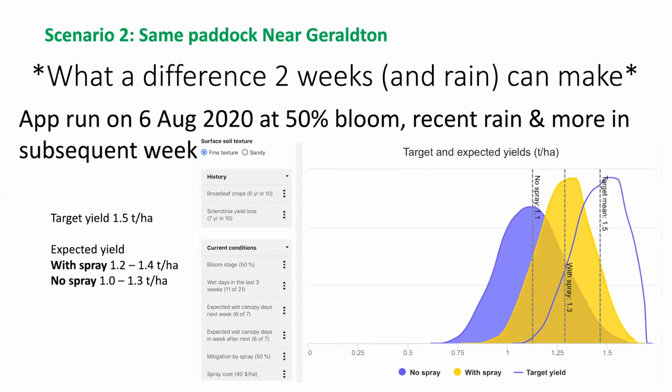But when Ciara went out a couple of weeks later at 50% bloom, it had been raining, and the expectation for getting trousers wet was quite a lot higher at that point than it had been 2 weeks earlier. The app is now predicting quite substantial losses to Sclerotinia and quite a big benefit from spraying.